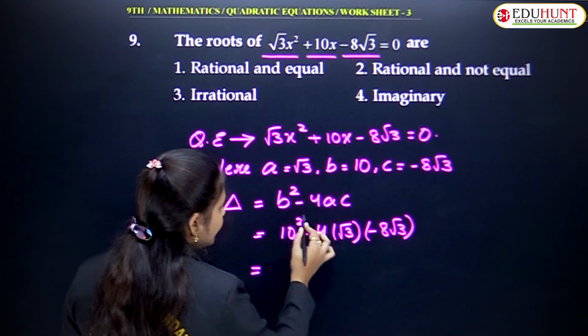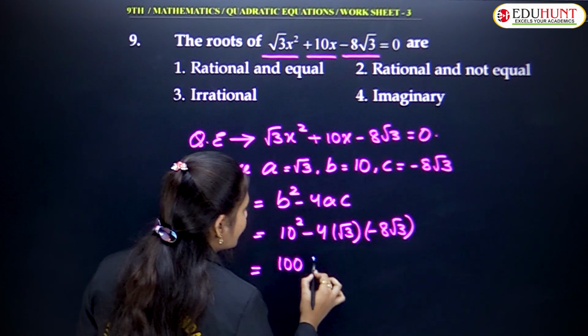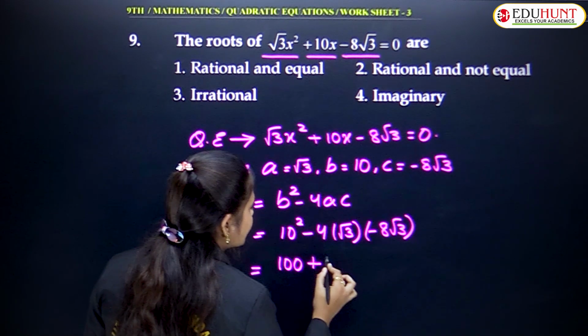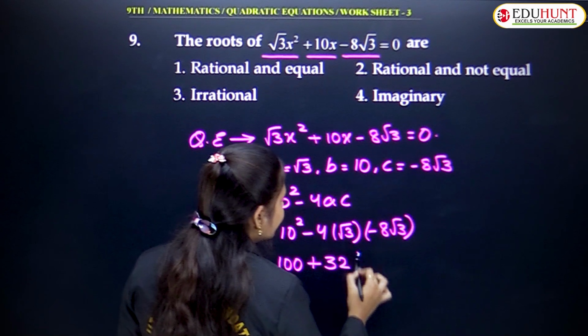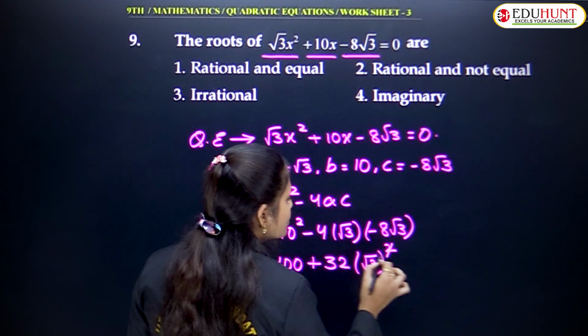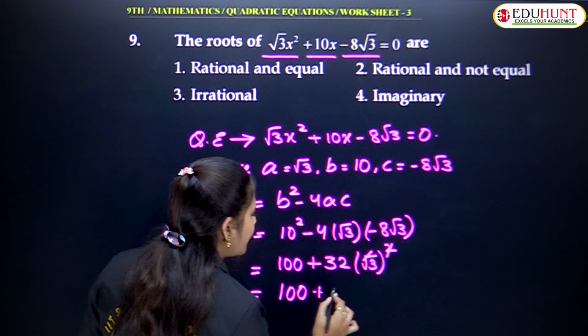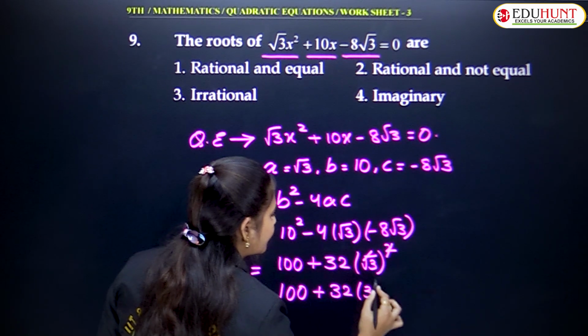So 10 square is 100, and minus into minus is plus. Next, 4 8s are 32, and root 3 into root 3 is root 3 whole square, so square and root get cancelled. So 100 plus 32 into 3.